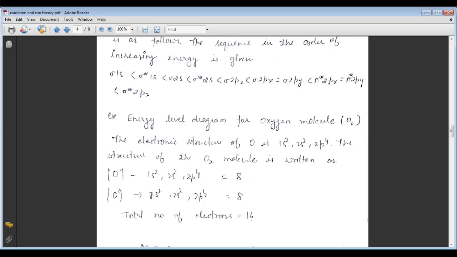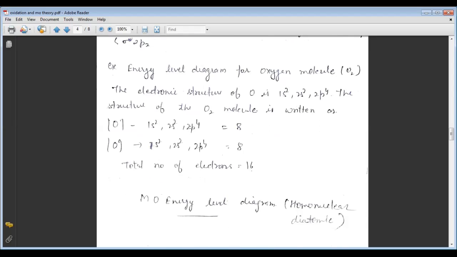Then pi star 2px and pi star 2py both have the same energy level, and last is sigma star 2pz. So this is the order by which we can fill the electrons in the molecular orbitals.